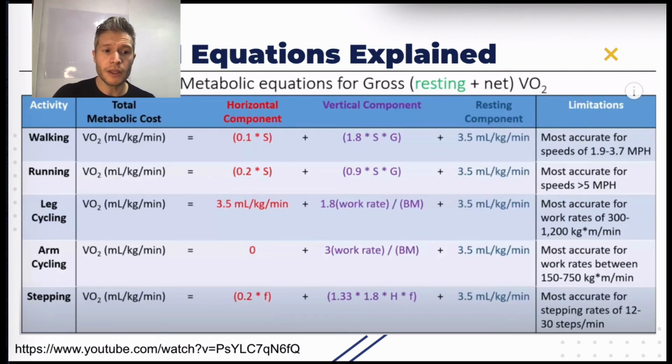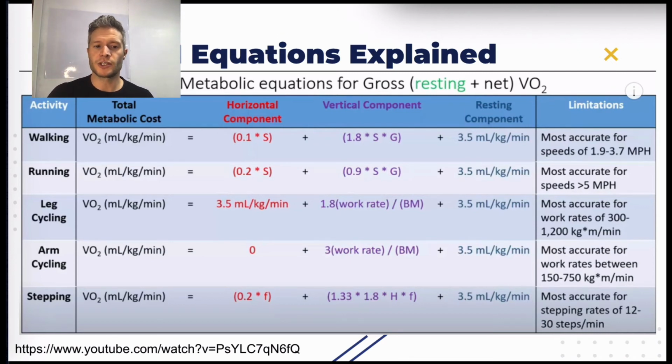So we'll just start with this first column, total metabolic cost. We've been over this quite a bit. VO2, volume of oxygen, total metabolic cost, milliliters per kilogram per minute. That's always the unit. And so what is that saying? A lot of students will just tell me, milliliters per kilogram per minute, whatever.